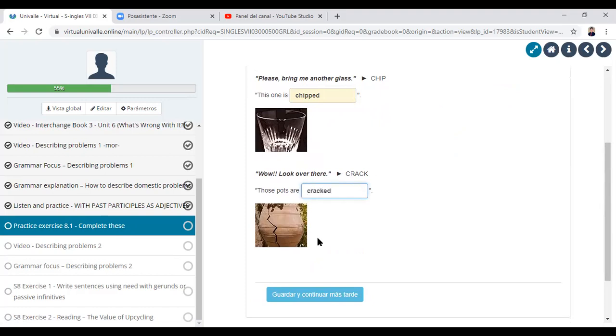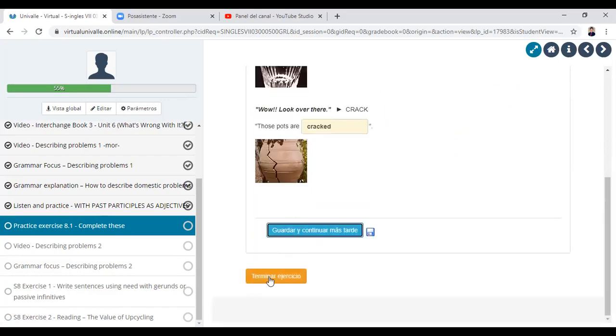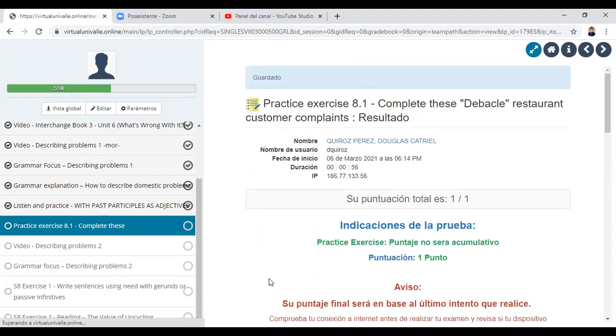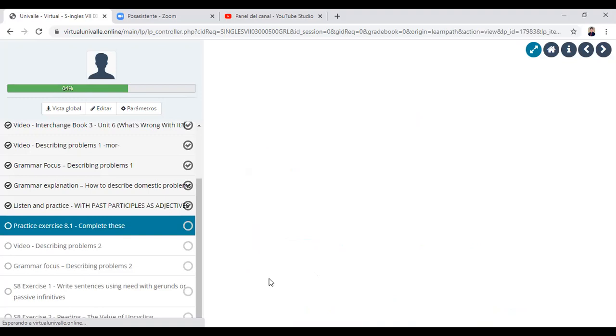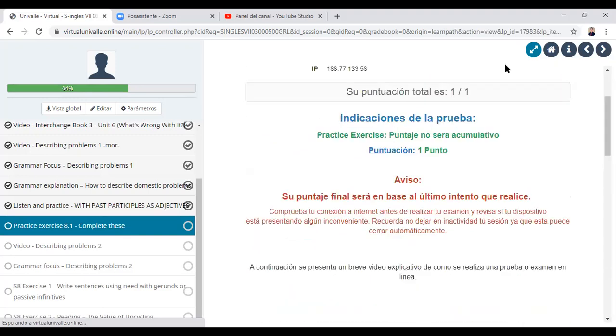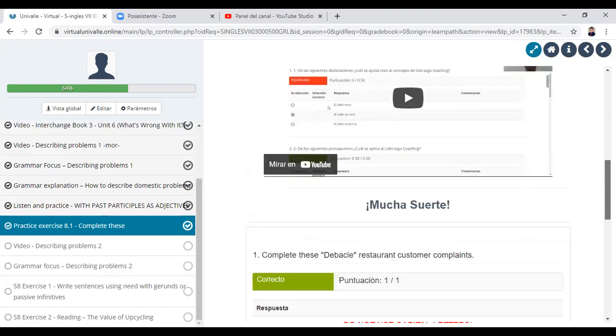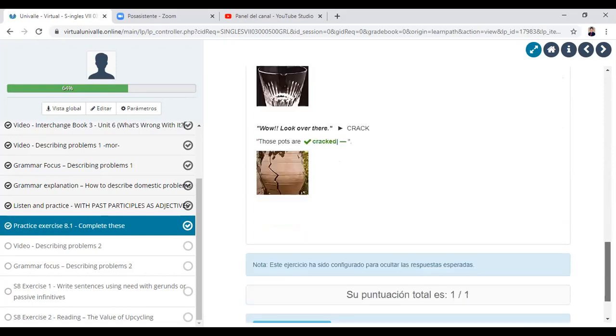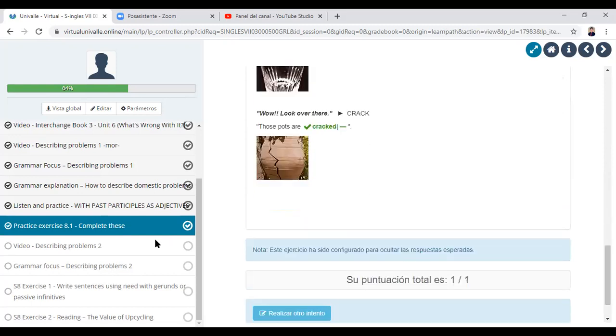Okay. And then we are going to save our answers. And now we are going to submit our answers and make sure if they are correct or incorrect. If you see, we have number one correct, number two correct, and number three correct.